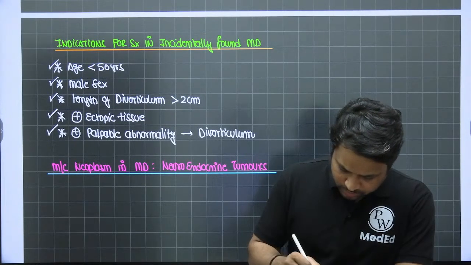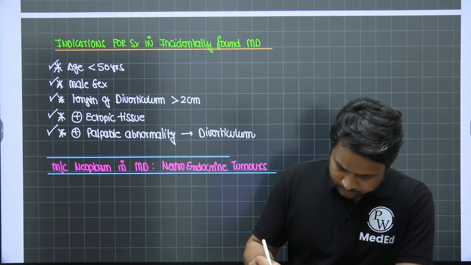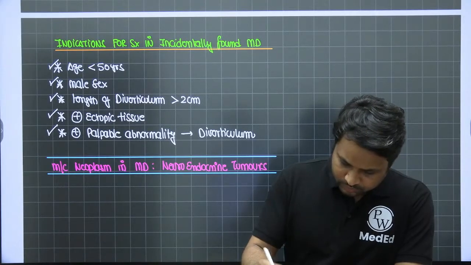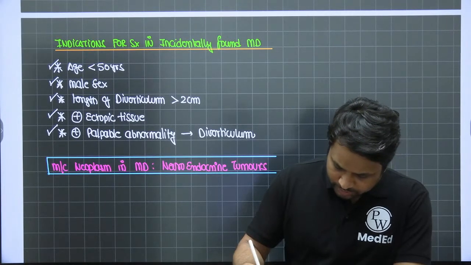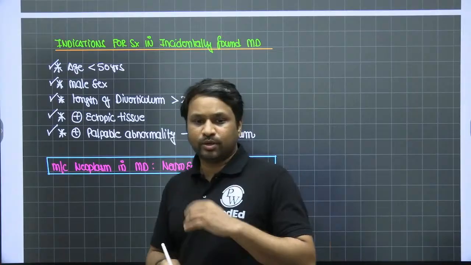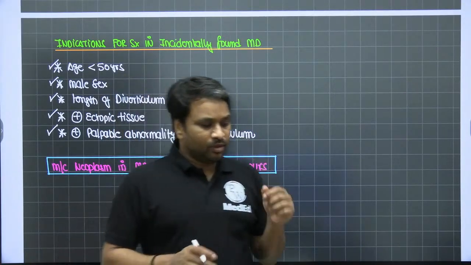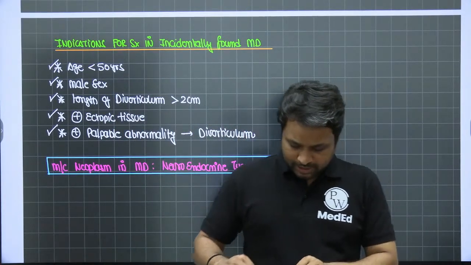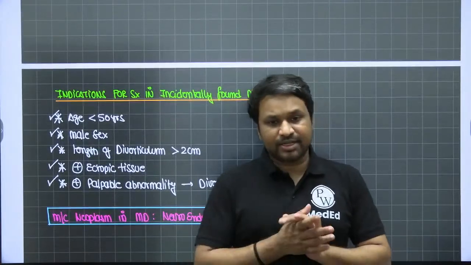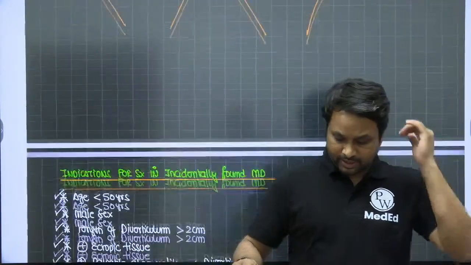Overall, most common is the neuroendocrine. So this is all that you should know in the context of Meckel's diverticulum as well as jejunal atresia.